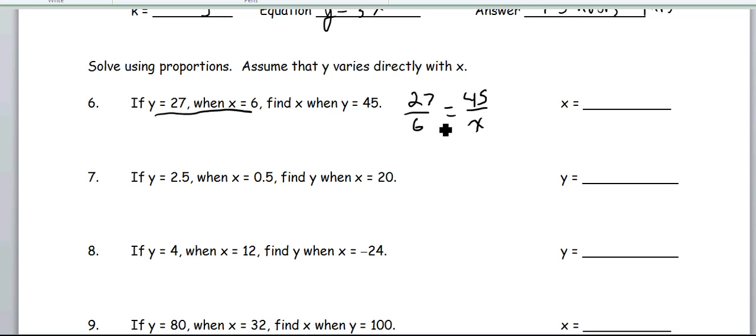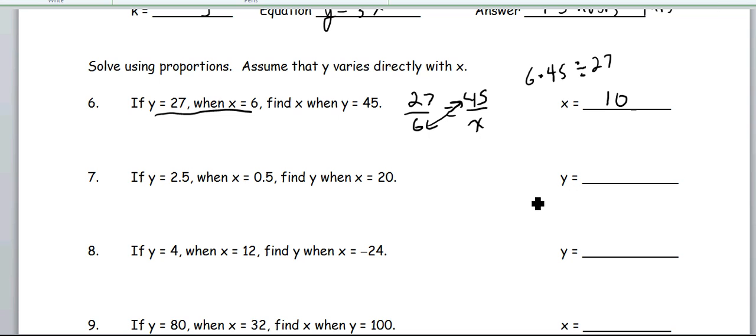So we're going to cross multiply, 6 times 45, and I can put this all in my calculator, just like this: 6 times 45 divided by 27. Try that in your calculator at home. You don't even need a graphing calculator. 6 times 45 divided by 27 gives me a nice round number of 10.